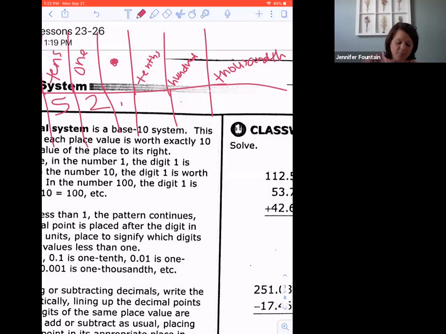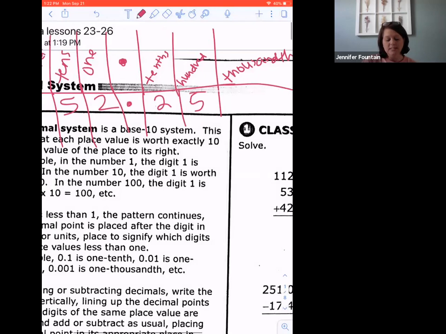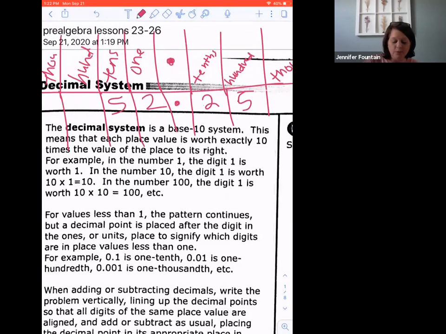So if you had a number like 52 decimal 25, that would be 52, and we would read the decimal as and 25 hundredths. That's what it's talking about when it says base 10. Each column is exactly 10 times the one next to it.